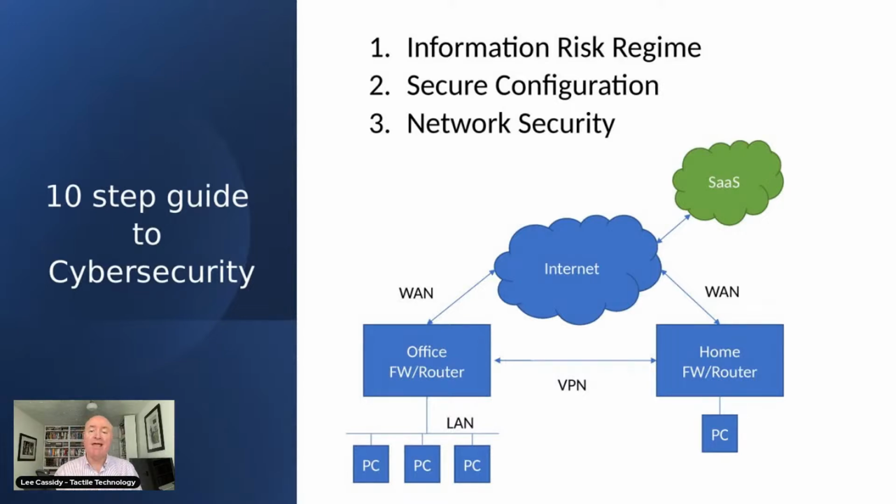So we need to take more care how that configuration is done, making sure that not only the router and the VPN are configured correctly, but also the PC itself is encrypted correctly. So encrypting files in such a way that they can't be easily extracted and taken by the hackers. Also that they can't get in through that service and take control of that PC and then use the VPN to get into the office network and then take control of other machines.